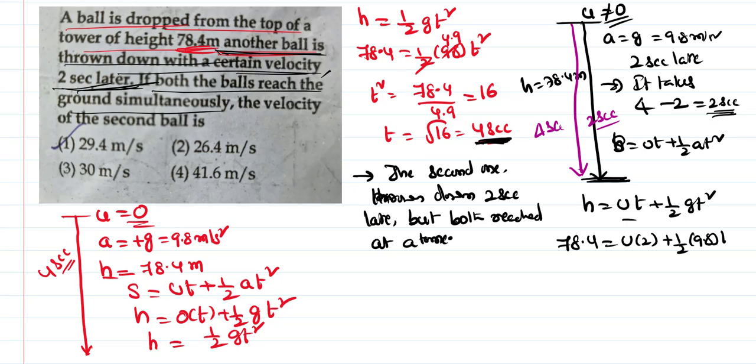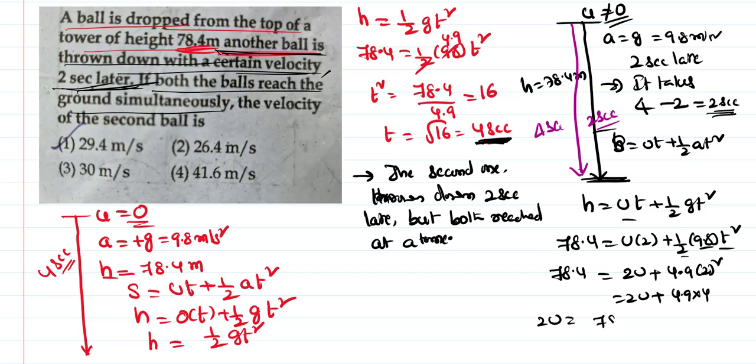Half g is 9.8 by 2, that is 4.9, and t is 2 seconds, so 2 square. So 78.4 equals 2u plus 4.9 into 4, so 2u equals 78.4 minus 4.9 into 4.